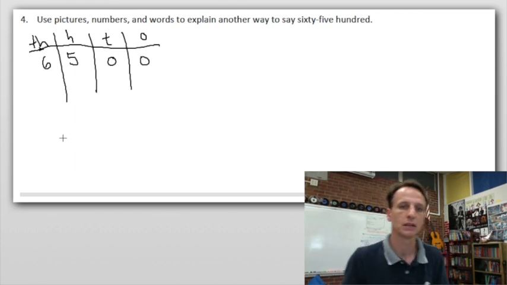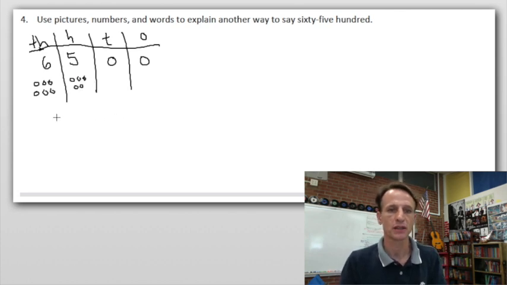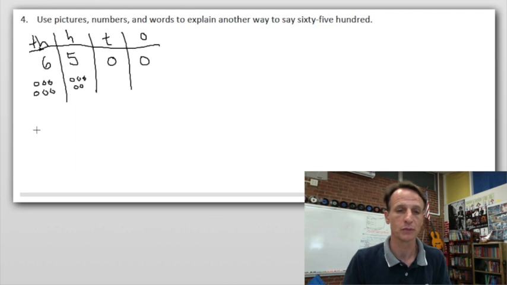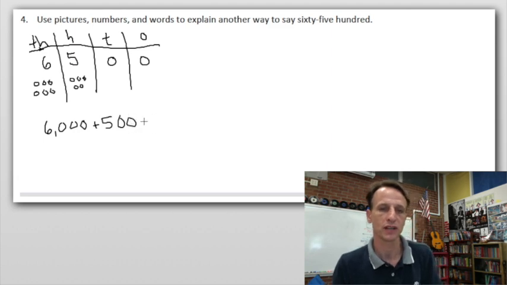There's a picture. I mean, I could also draw the 1, 2, 3, 4, 5, 6 thousands, and 1, 2, 3, 4, 5 hundreds. That would show me that this is, and now I can do it with numbers. I can do it in expanded form, I can say that this is 6,000, right? And plus 500, 6,000 plus 500.